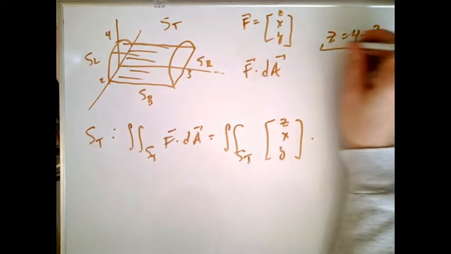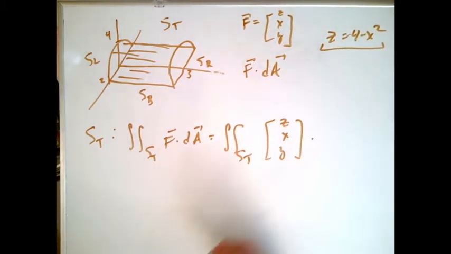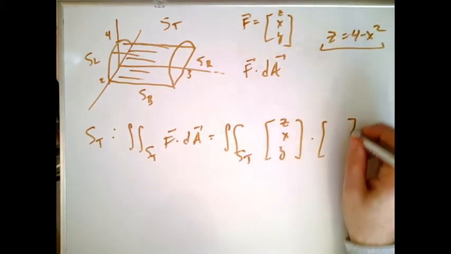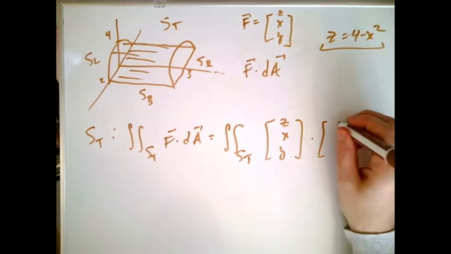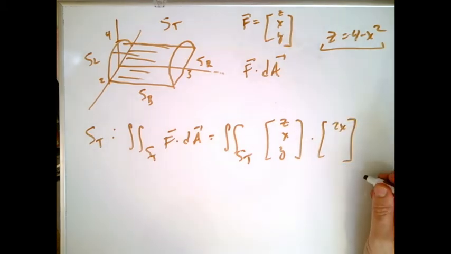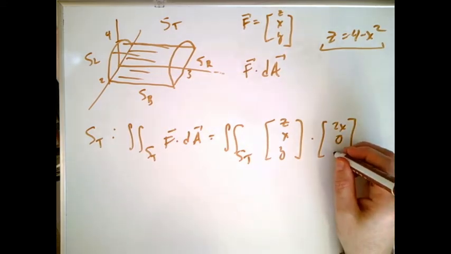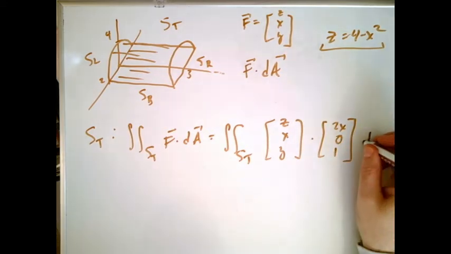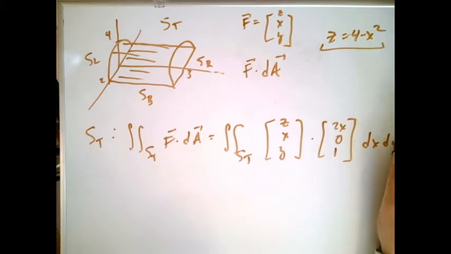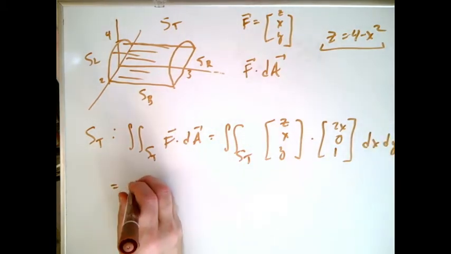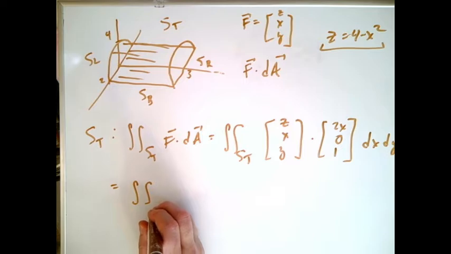Since we have a function of the form z equals, we know what the area vector looks like. It's supposed to be minus fx, so that's going to be 2x, minus fy, which is 0. And then the k component there is going to be 1. We know we're going to get dx dy. So we're still getting a double integral. I'm sitting on the surface.